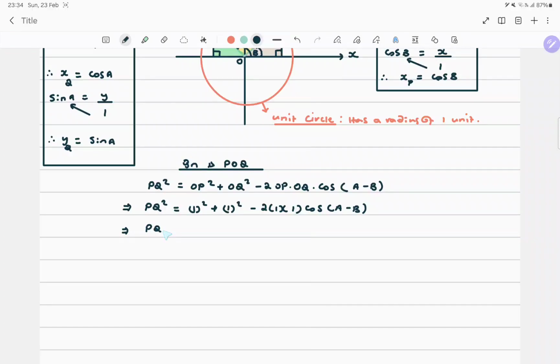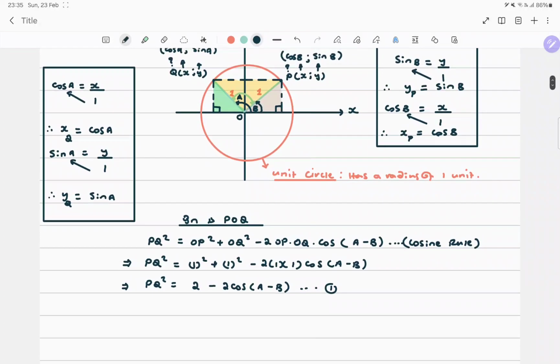We know that PQ squared is equal to, this is just 2 minus 2 cos of angle A minus B. We cannot simplify further here. We stop here. Okay? So this is our first equation using the cosine rule. That's why we know this. In that particular triangle we specified.